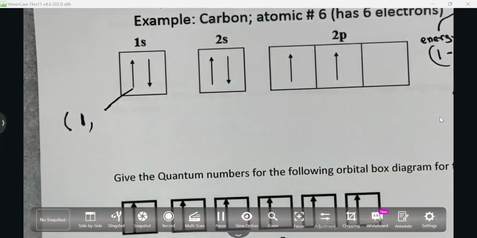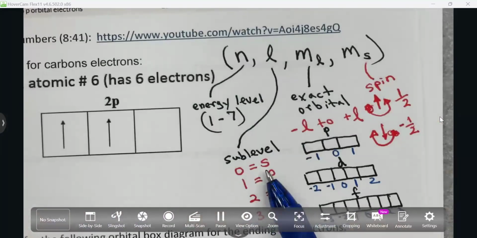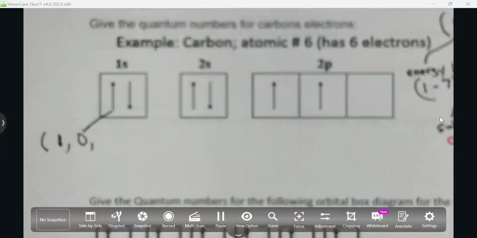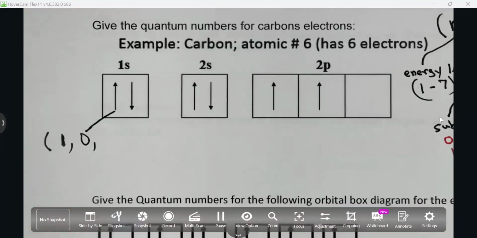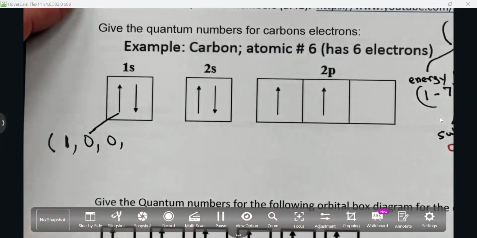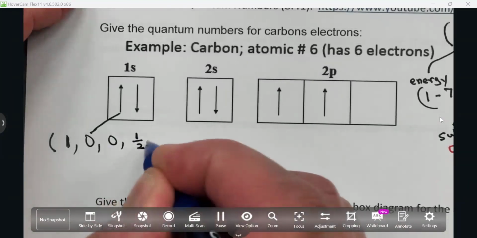My second number is locked in: 0 for an S, 1 for P, 2 for D, 3 for F. So 0 for an S. My third number, -0 to +0, is just a 0, correct? And this is spinning +1/2.